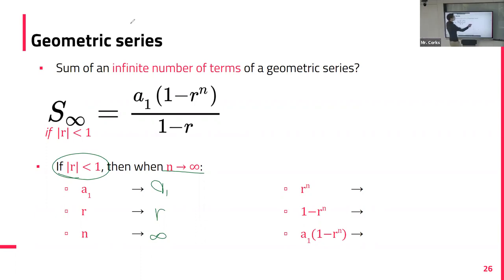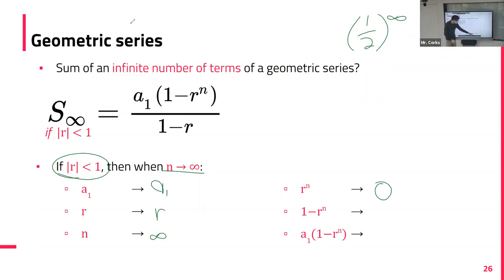A fraction, let's say 1/2 to some really huge exponent. What will that be close to? 0. So R to the exponent n will get closer and closer to 0.